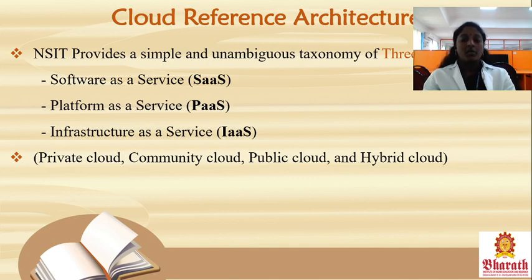Since it is public, anyone can access and use anyone's data. The community cloud is created for only a particular community. A particular community can be only employees, and they can use the software or hardware present inside that cloud. Only IT employees can use it, or only finance employees can use it, so it is created for a community of people. The hybrid cloud can be a combination of anything.